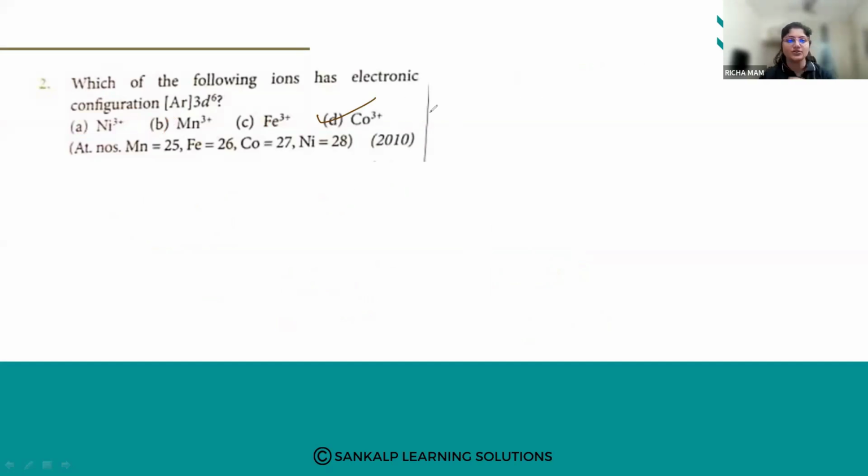Option number D. So which of the following ions has the electronic configuration they have asked? That is argon 3d6. By using this data, we have solved. Is it clear? Shall we go for the next one?